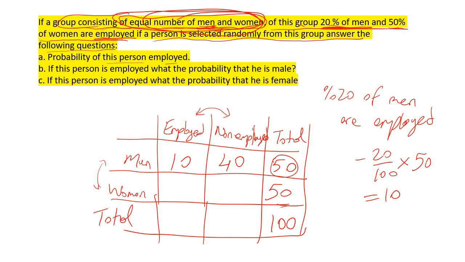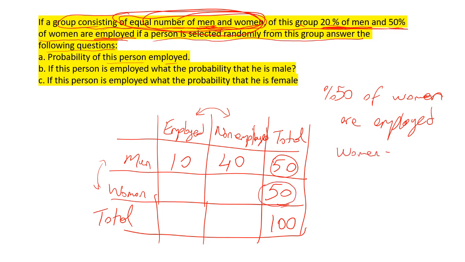Now, 50% of women are employed. How many women are there? The number of women is 50, and 50% of them, 50 times 50%, will be 25.